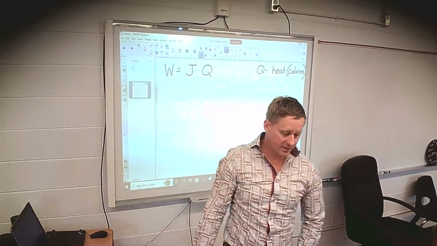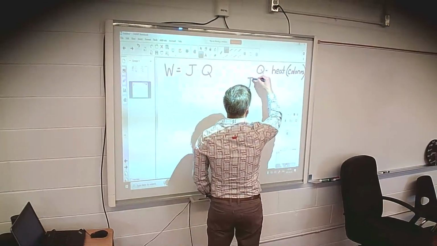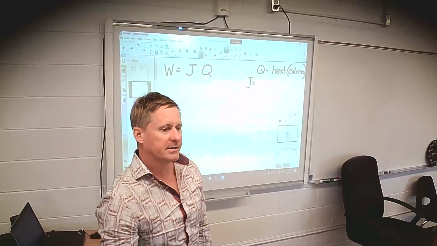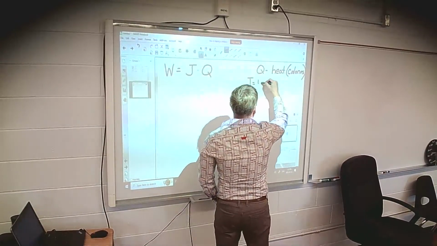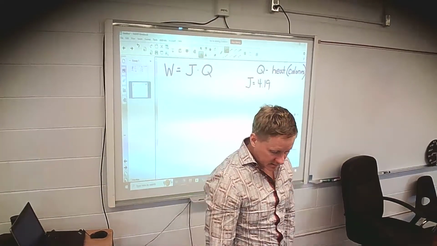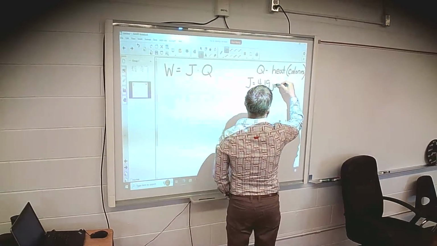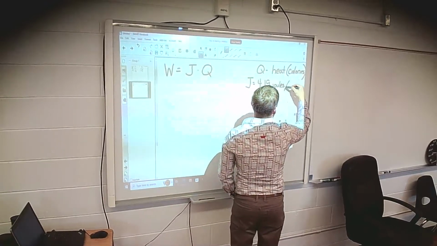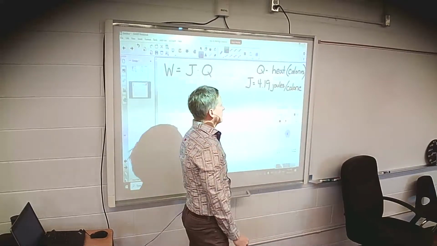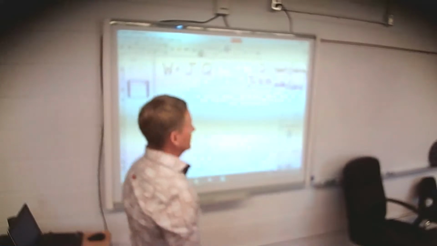J is Joule's constant. So that's a value. When you have a constant, the value doesn't ever change. So it's 4.19, and the units are joules per calorie. J equals 4.19 joules per calorie.